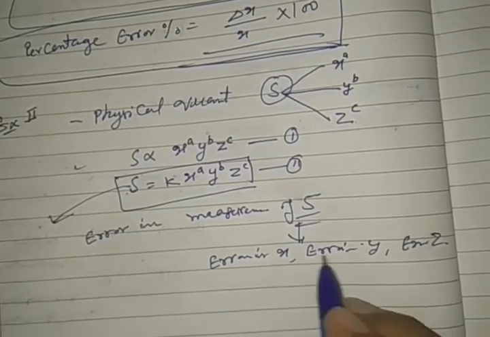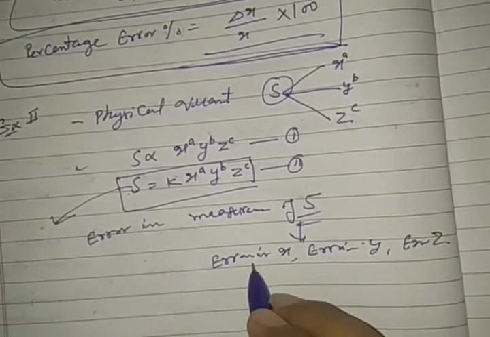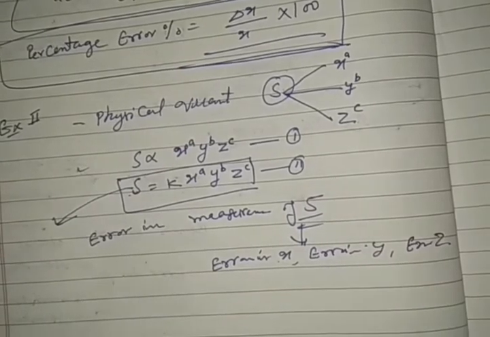So the net maximum possible error is the summation of the errors due to the measurement of each physical quantity.